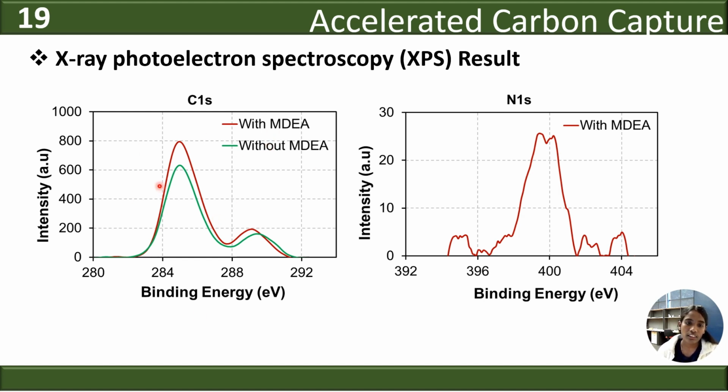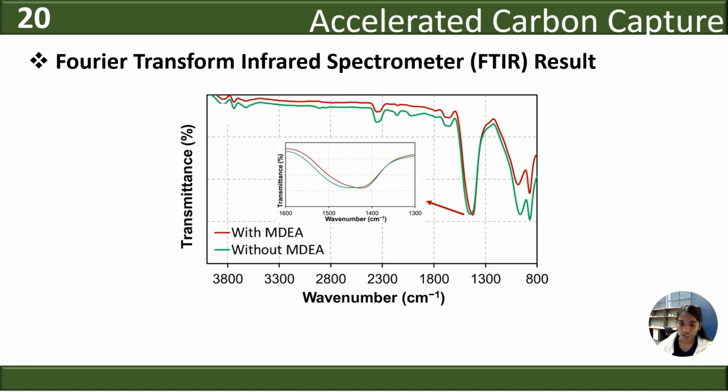Because of that, this is showing a non-homogeneous chemical composition. However, in the N1s peak, we can see the presence of MDEA in the sample. We can't see this N1s peak for the control sample. This further confirmed the presence of MDEA or protonated MDEA on the surface of the powder samples.